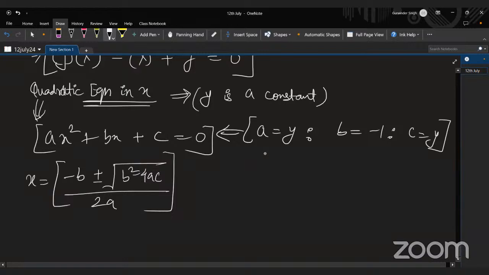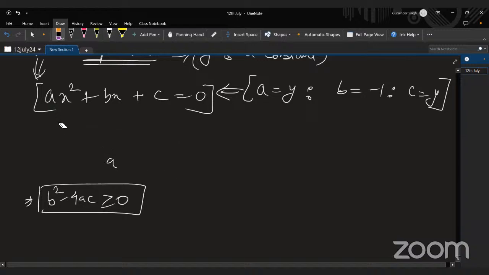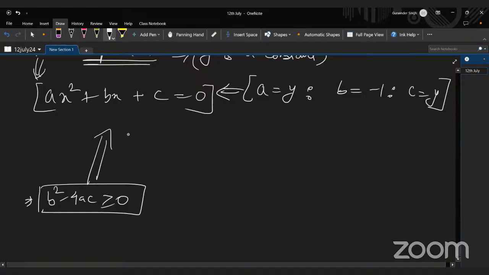But what was the condition for this root to be real? There was a condition that b square minus 4ac should be greater than or equal to 0. You used to call it discriminant in earlier classes, right? The only problem is earlier we used to take constant numerical values of a, b, and c, like b is 1, a is 2, c is 3.